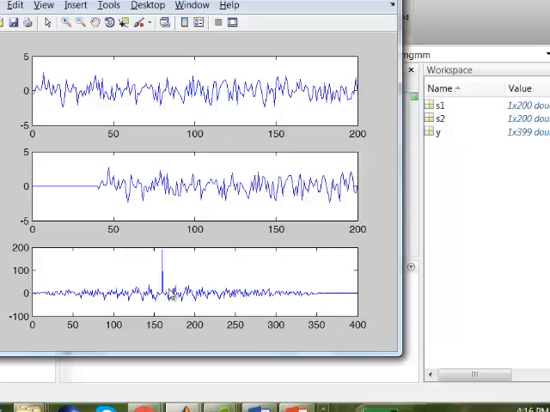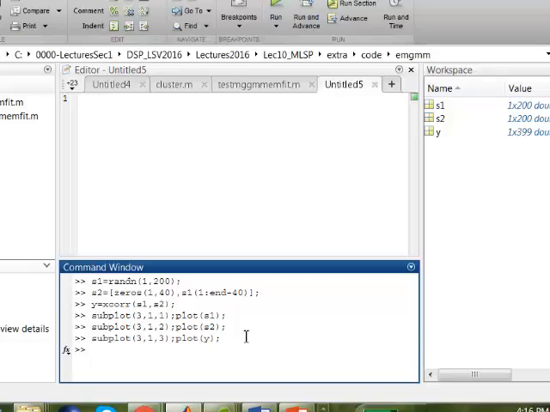Then you see that there is a peak here, and that peak represents the amount of lag between these two. So that was a simple example of autocorrelation or cross correlation, and you can find them in the MATLAB help menu.